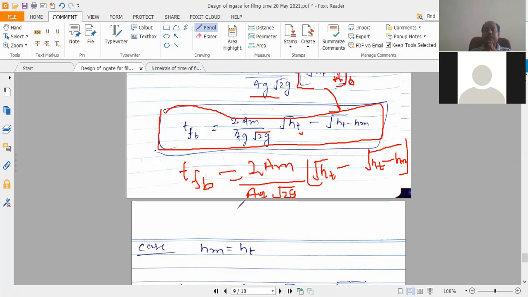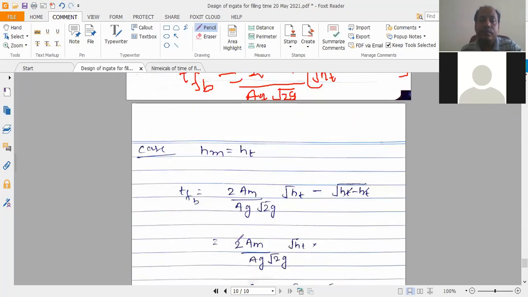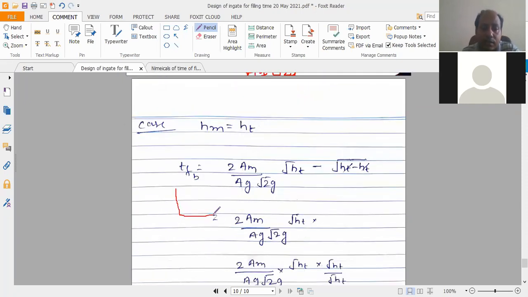Let's take some cases. Look here. There is one condition in the case of the bottom gate, when the mold height, or we can say the casting height, will be equal to the total height of the mold.